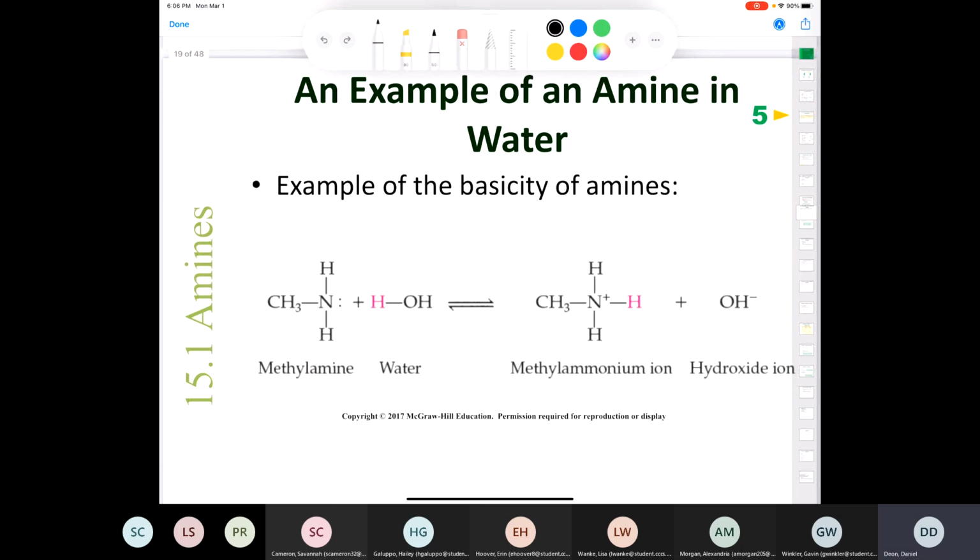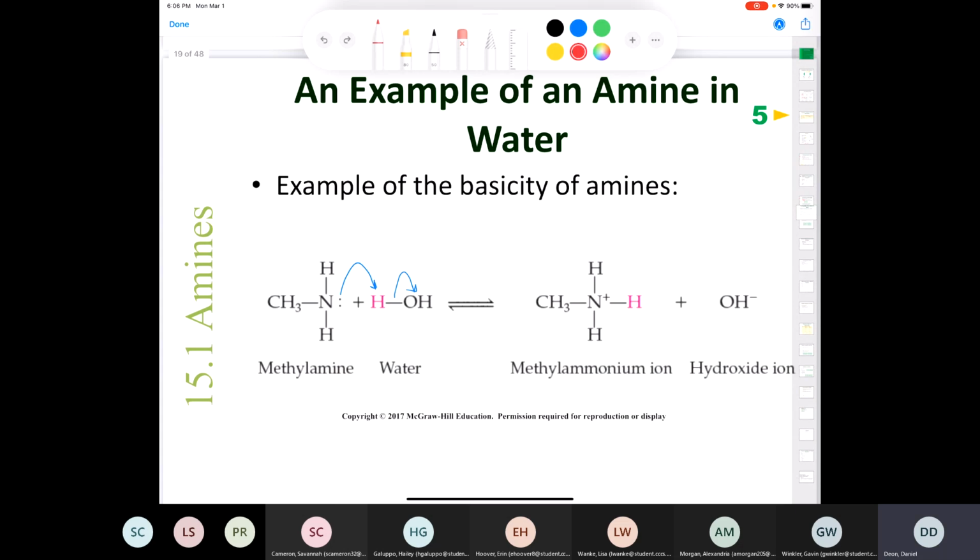Here's just a simple example of an amine acting as a base in water. Let's say we have some methylamine and we put it in water. What's going to happen? You're going to form a bond between the nitrogen and one of the hydrogens from water. And then this bond is going to break, and those electrons are going to go onto the oxygen to produce the hydroxide. Notice that we have reversible arrows.